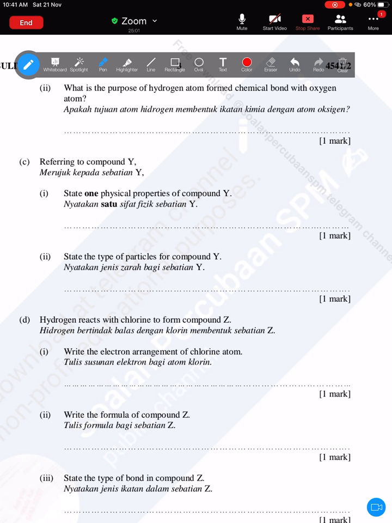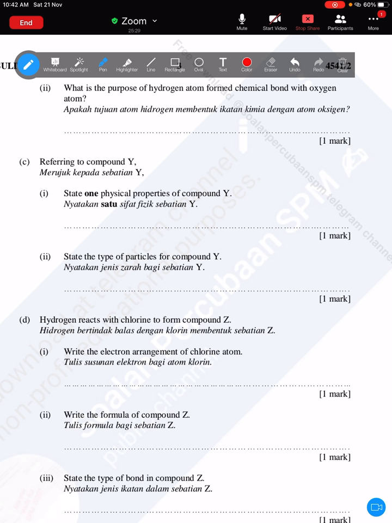What is the purpose of the hydrogen atom forming a chemical bond with the oxygen atom? I already said it just now. Why does it need to form a bond over there? Very good. Yes. To achieve a stable octet and duplet arrangement.